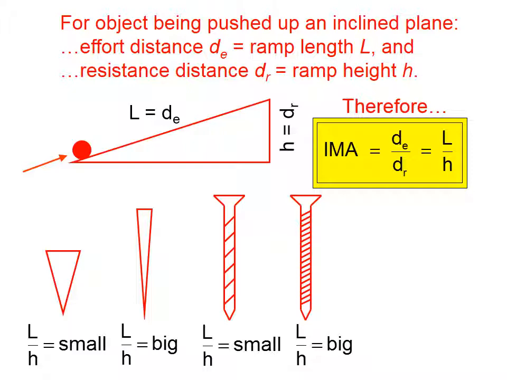The one on the left, each turn would be fairly difficult. The drawback to the one on the right is that although each turn is rather easy, you have to make quite a few turns. As the ideal mechanical advantage increases, the effort force, the force that we have to exert, decreases, but to compensate, we have to make that force work through a much larger distance.